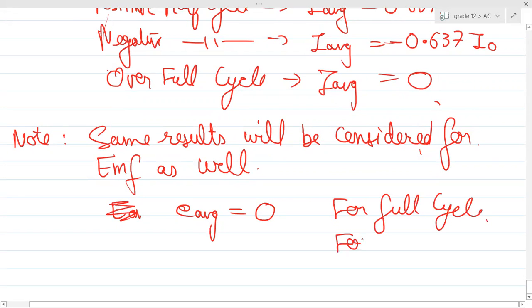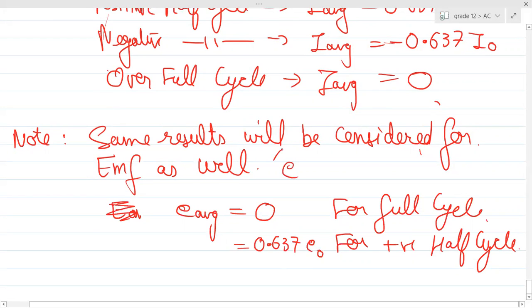For a positive half cycle, it will become 0.637 times of E naught, right?